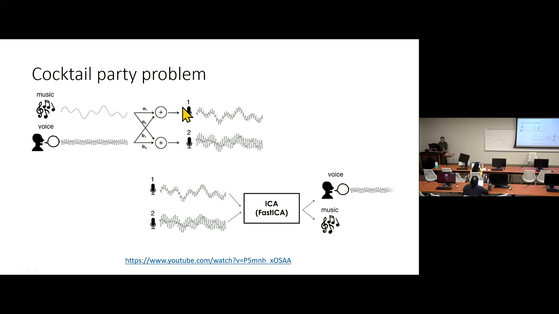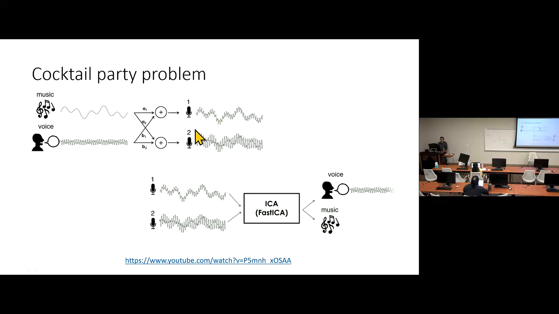In this case, the microphone received music at a weight of A1 and a voice at B1. This microphone is close to the music source, so A1 is larger than B1. This other microphone is close to the speaker's voice, so B2 may be larger than A2. So they are mixed in different fractions of the different sources.